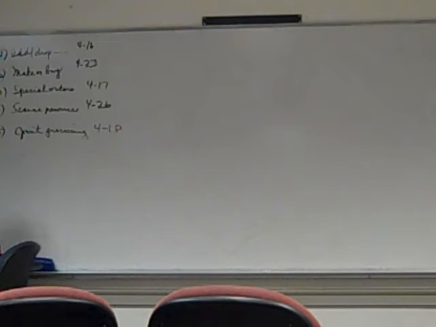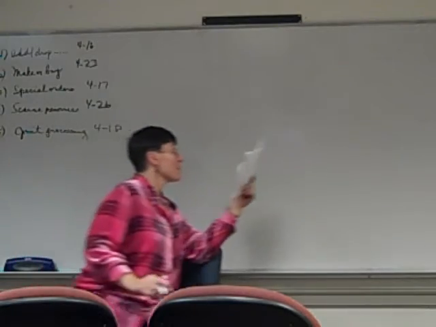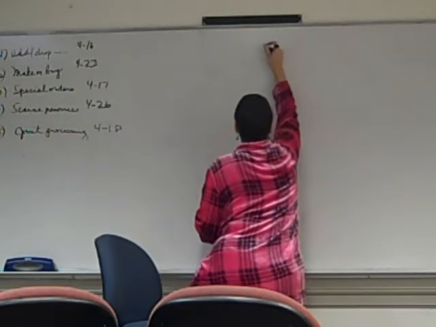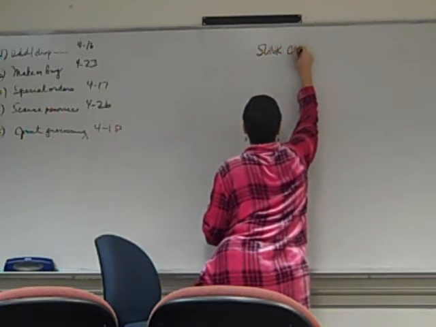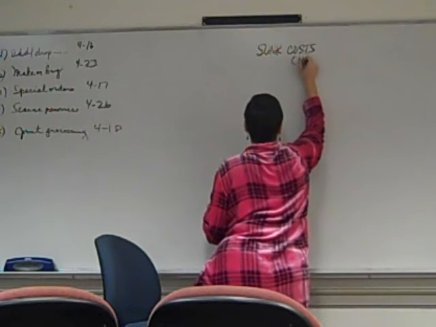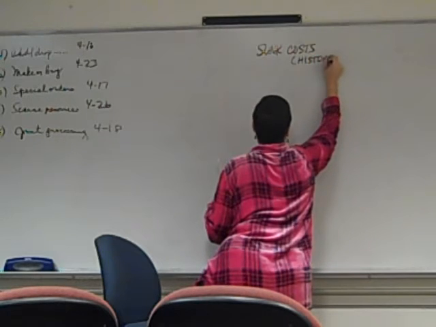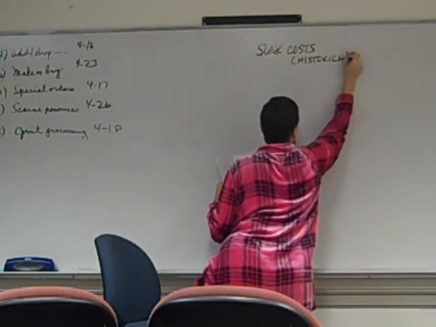What you have to remember, where do you go here? Okay. Sunk costs are costs that you have paid in the past. They are historical. They are always irrelevant.